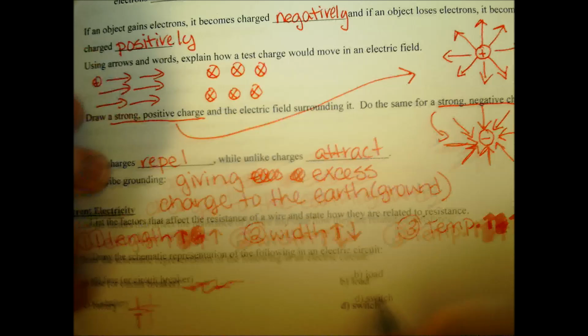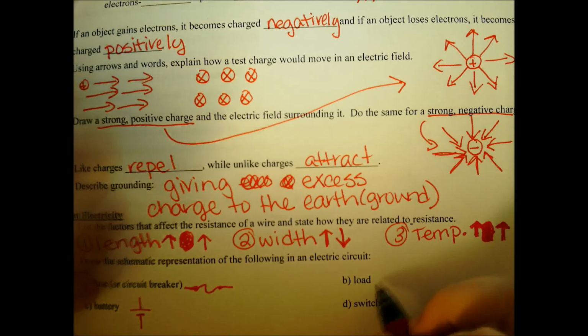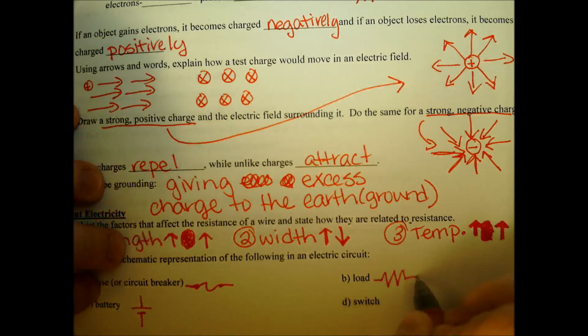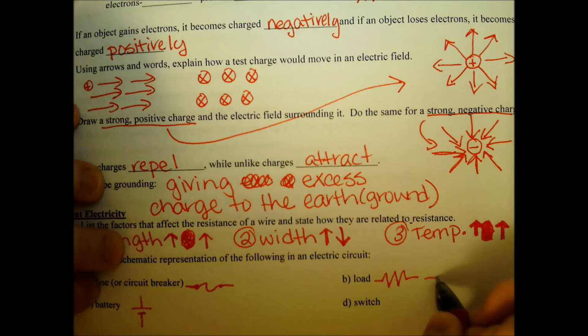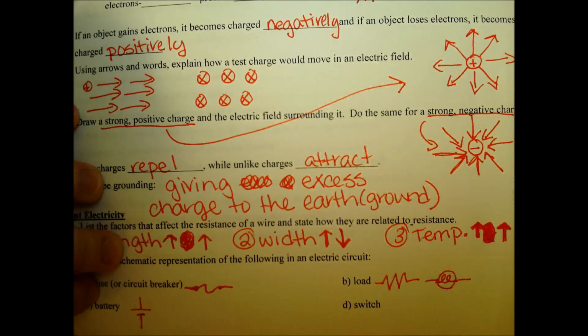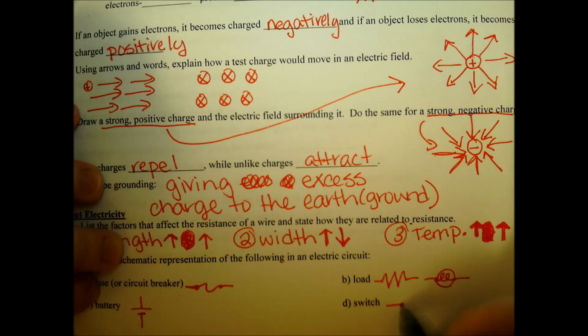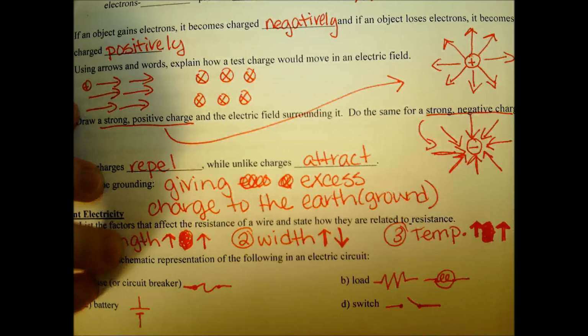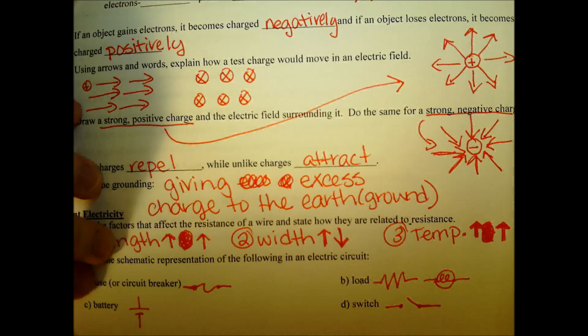A load can refer to anything that's using the electricity of the circuit. For us, that is most traditionally a resistor, but it can also be a light bulb. A switch is drawn like this. It's usually drawn open to demonstrate that it can be open.